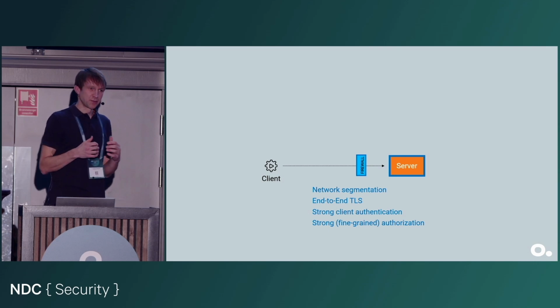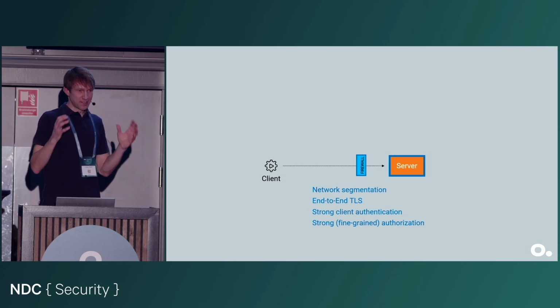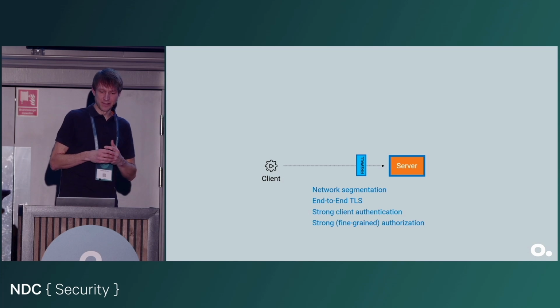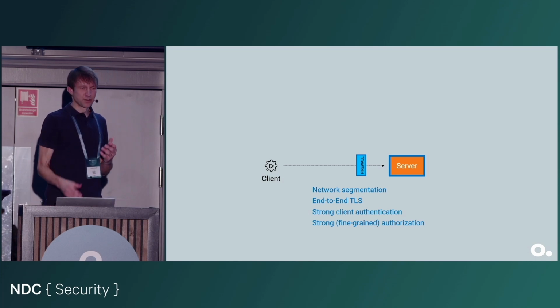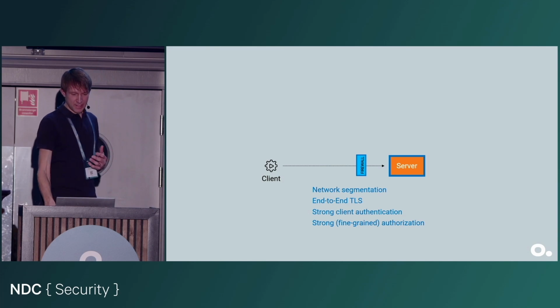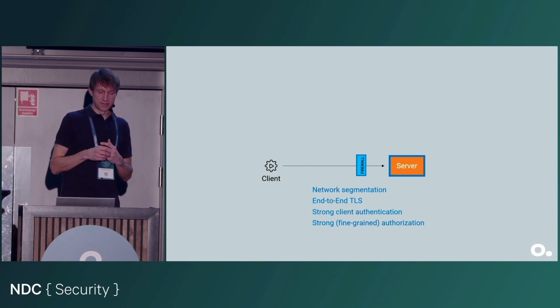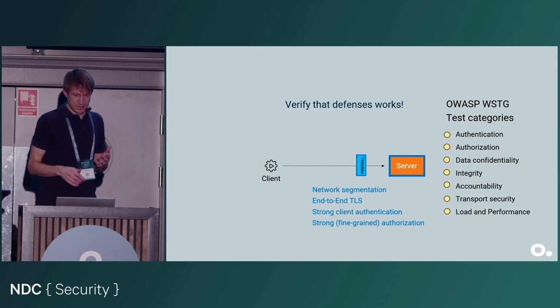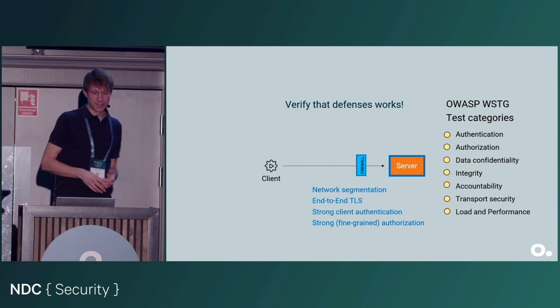So what can go wrong now? We have a really good design here for secure integrations. So the thing that can go wrong is, of course, implementation, that we make some mistakes and we have some bugs. So a really important thing for secure system integration is to verify that this works as expected.